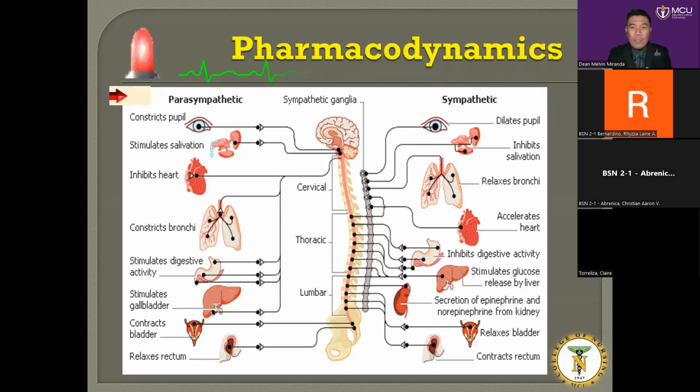If the patient will have relaxation or opening of the bronchi and increased heart rate, you need to monitor the vital signs to see if the patient is improving. Since the patient is connected to a cardiac monitor, the nurse might still consider continuous checking of the vital signs. So these are the implications why you need to have the mastery of the parasympathetic and the sympathetic nervous system. Okay?